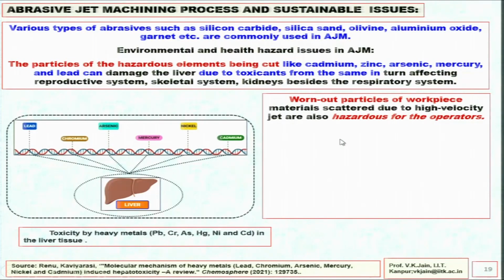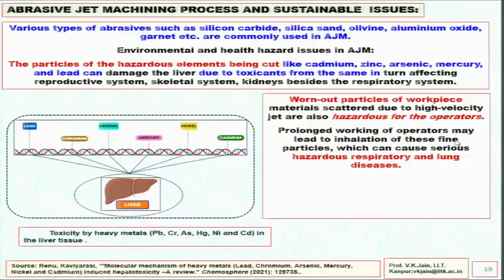So it is not only the abrasive particles but the micro nanoparticles of the machined surface, the workpiece surface, are also hazardous for the operator and the people working in the surrounding areas. Prolonged working of operators may lead to inhalation of these fine particles which can cause serious respiratory and lung diseases.